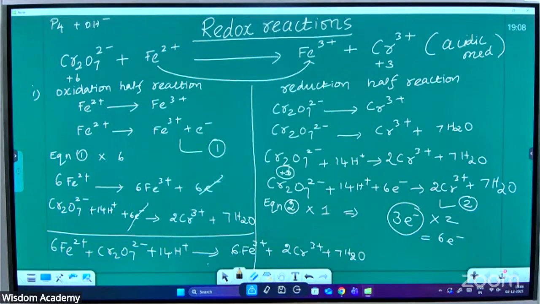I repeat, N2H4 plus ClO3 minus gives NO plus Cl minus. Both reactions occur in basic medium. Try to balance them by the ion-electron method in basic medium.